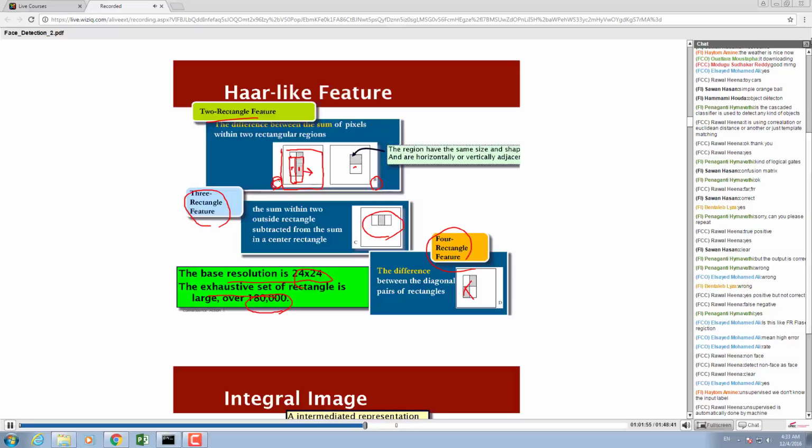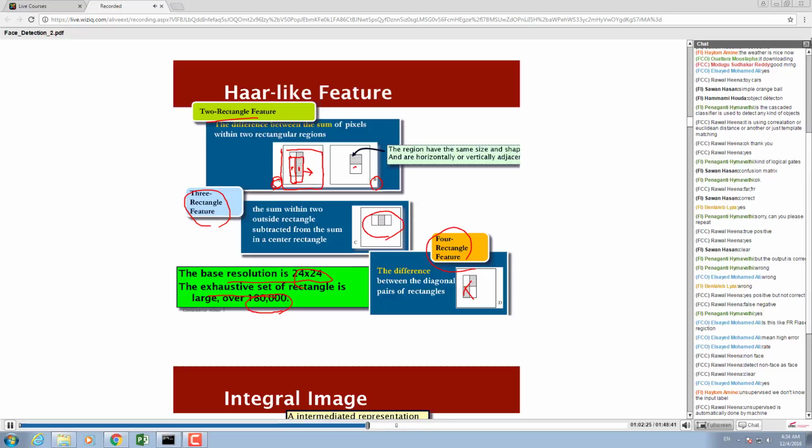So we are assuming we have so many, over 100,000. It's not exactly right, but depending on the size and position, we have over 180,000 features ready for training. By the way, some of them are good, some of them are not good. It means some of them are useful for training, some of them are useless.